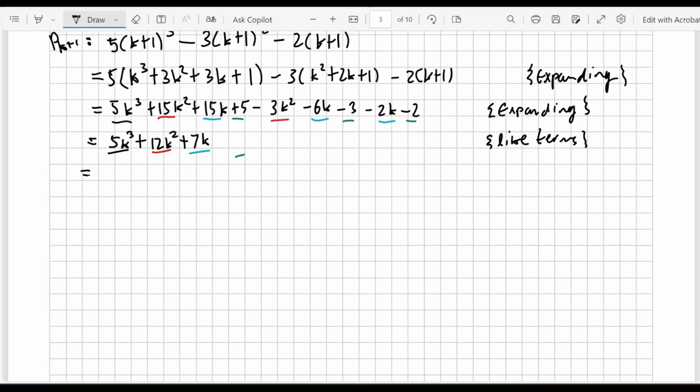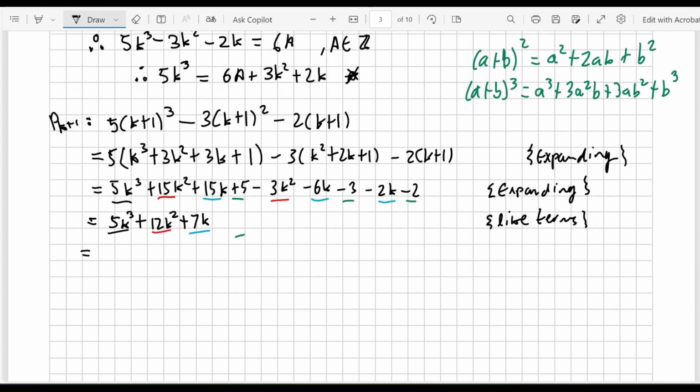All right, now we can use our star step. So we knew what 5k cubed was. It was 6a plus 3k squared plus 2k. That's 5k cubed. I might actually keep that same underlining there just to be really clear. Then it's 12k squared and 7k. So this is going to be using star.